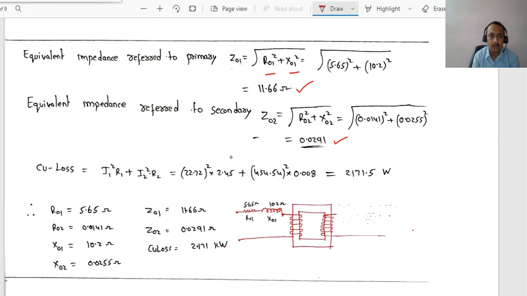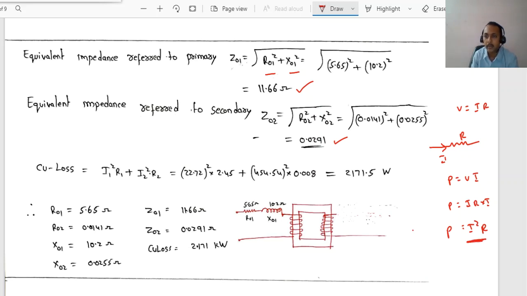Now the power loss, I square R. In any circuit, if some current I is flowing and R is the resistor, power P equals VI. From Ohm's law, V equal to IR. In the place of V, you can write IR, so P equal to I into R into I, which is nothing but I square R, the power loss.